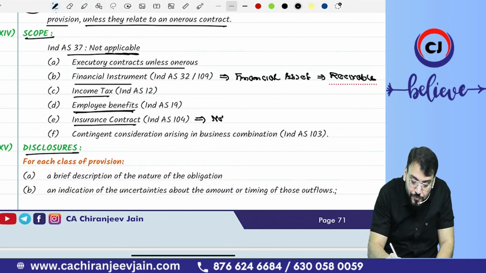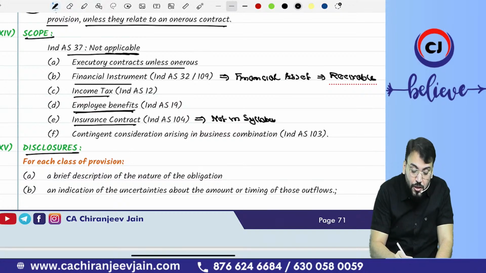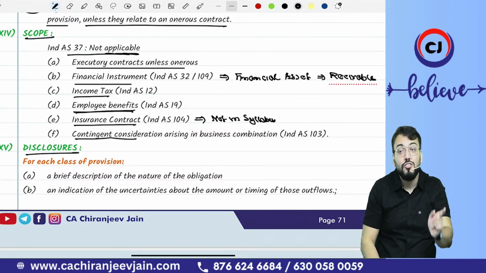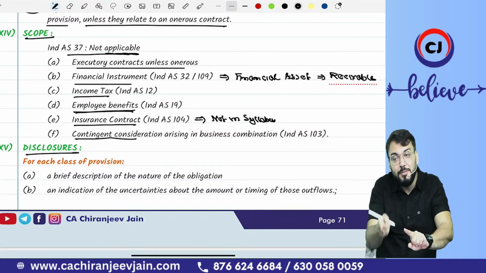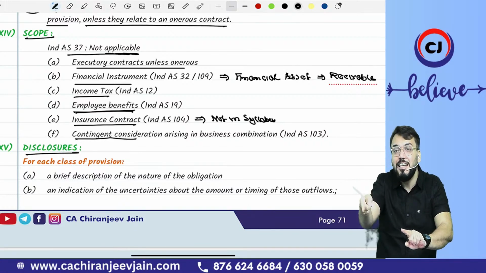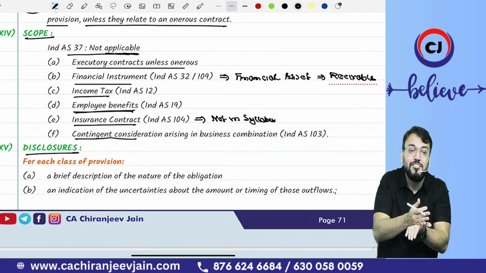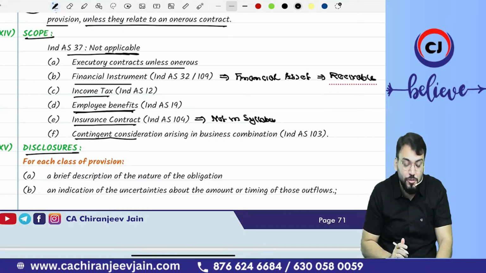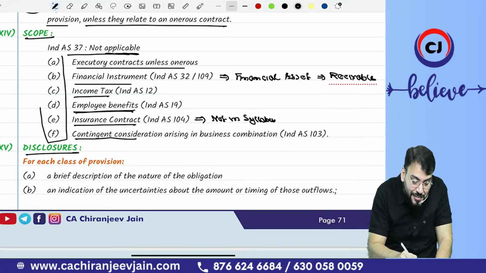Correct? Yes, sir. Contingent consideration arising in a business combination: for business combination, we have a specific chapter, Ind AS 103. So the accounting for that contingent consideration will be done as per Ind AS 103. That is also not covered under Ind AS 37.